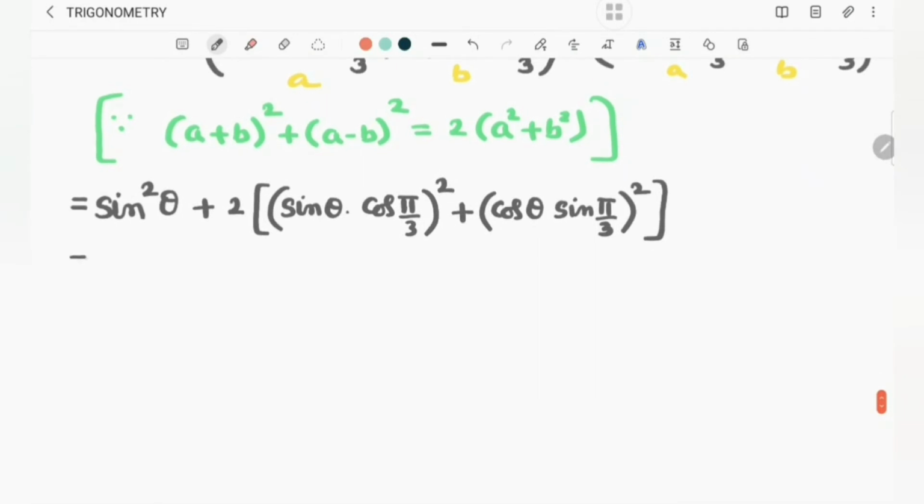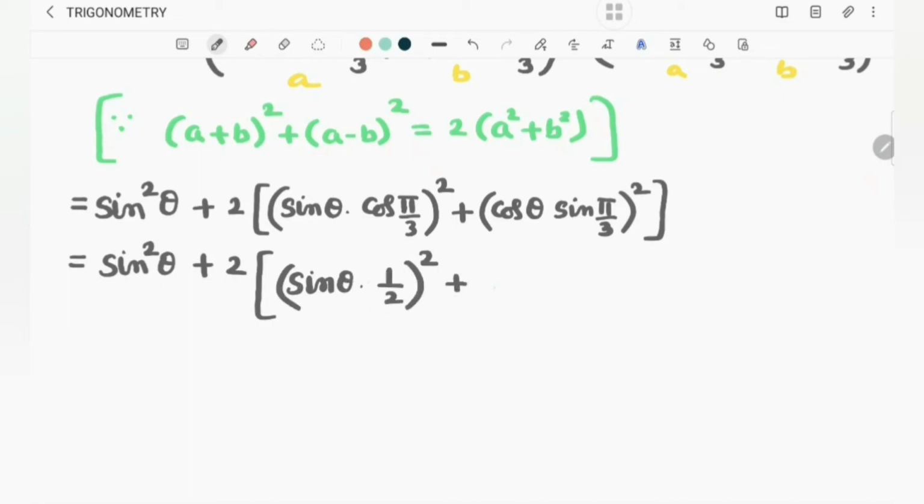So now simplification: sin square theta plus 2 into sin theta, cos pi by 3 is cos 60, which is 1 by 2. So sin theta into 1 by 2 whole square, plus cos theta, sin pi by 3 is root 3 by 2, whole square.